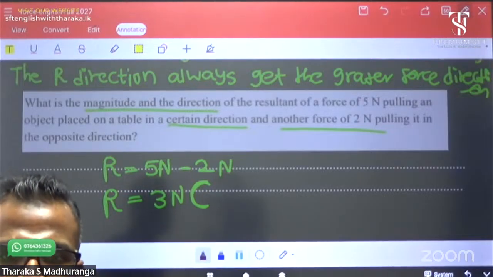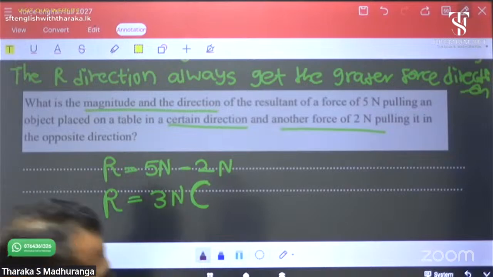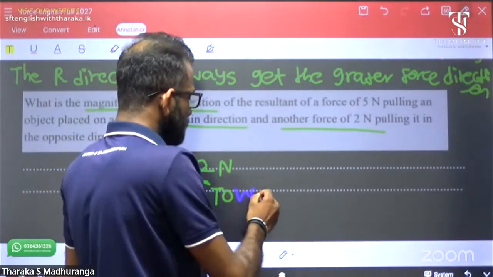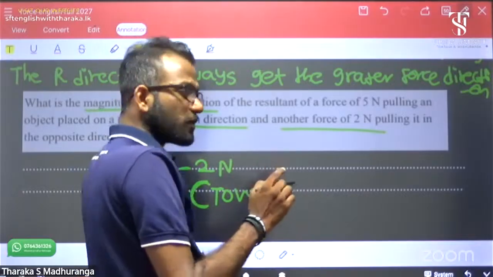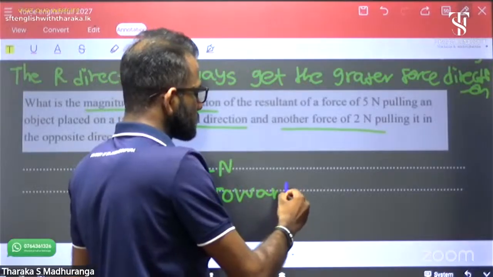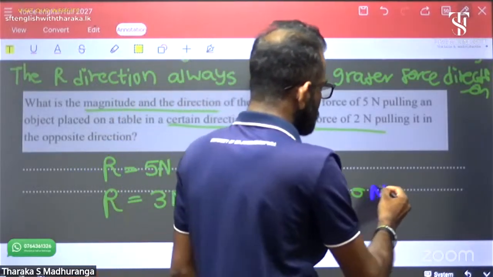Yes, correct. It is towards the 5 Newton force. The tan ratio is not required for the next part. Towards the 5 Newton force. That's all.